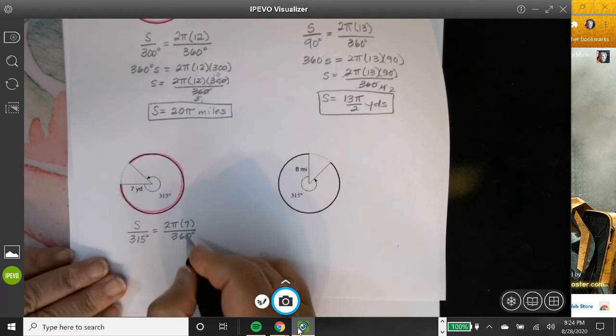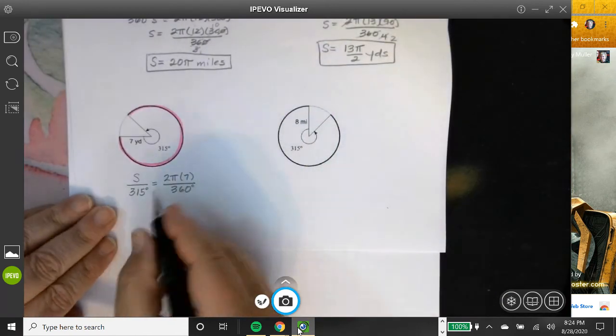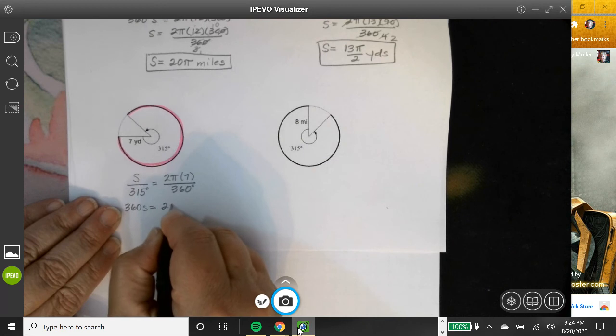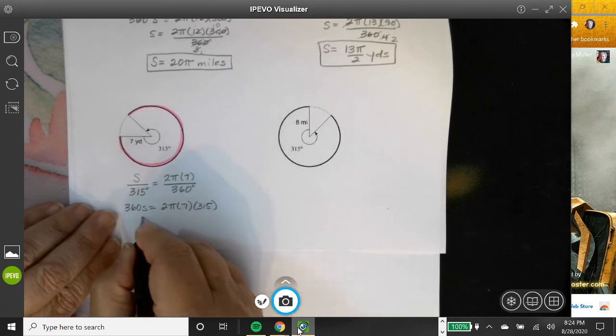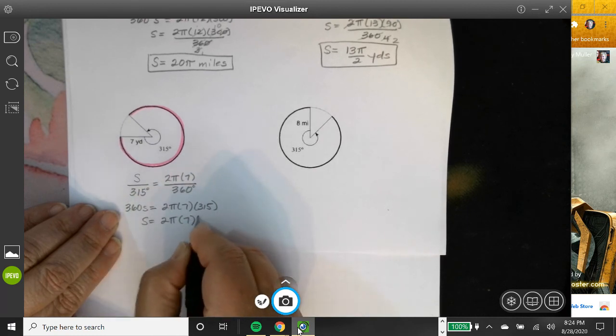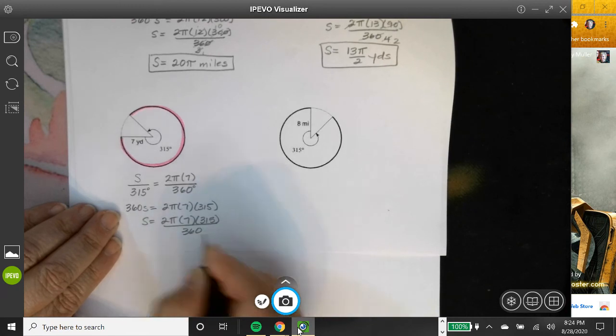So all the way around is to all the way around as part is to part. Okay, so now we're going to cross multiply, and we're going to get 360 S equals 2 pi times 7 times 315, and then S equals 2 pi times 7 times 315 all over 360.